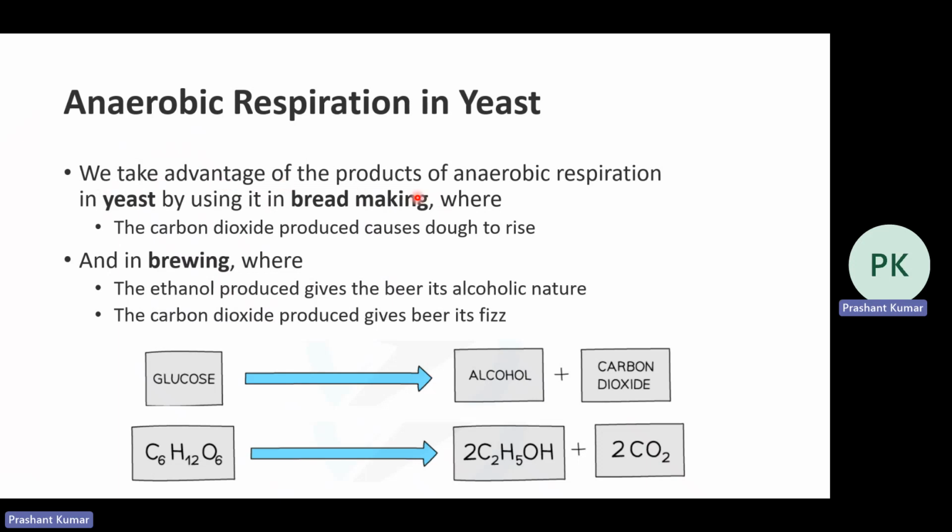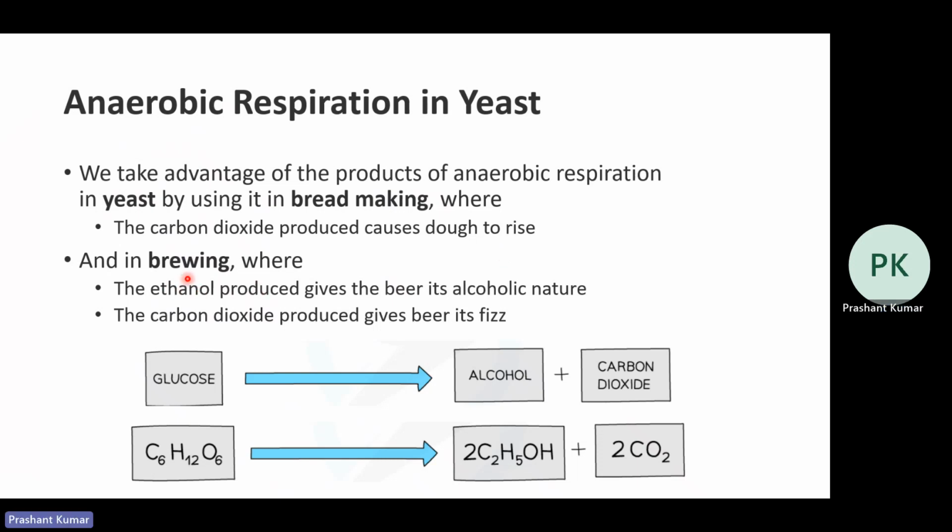We take advantage of the product of anaerobic respiration in yeast. In the field of baking and the food industry, we use a large amount of yeast for making bread, where the carbon dioxide produced makes the dough rise.